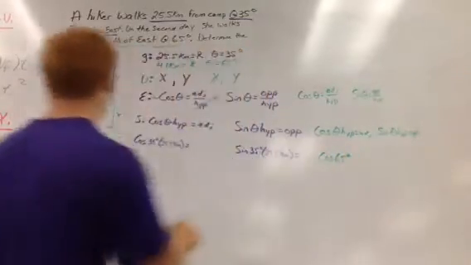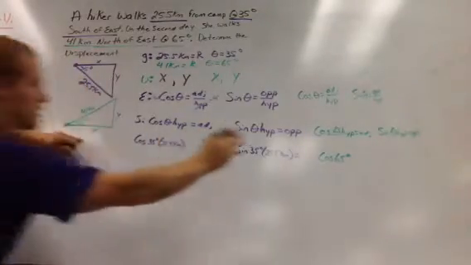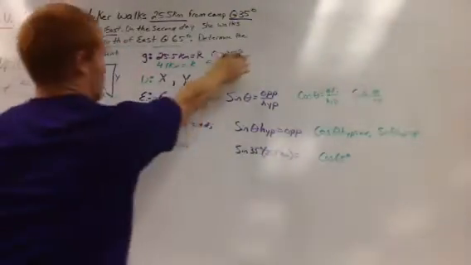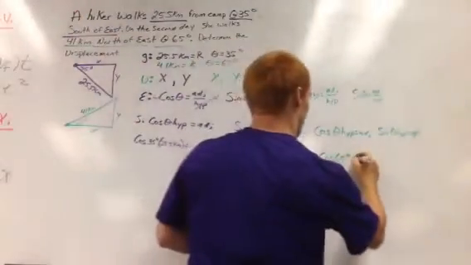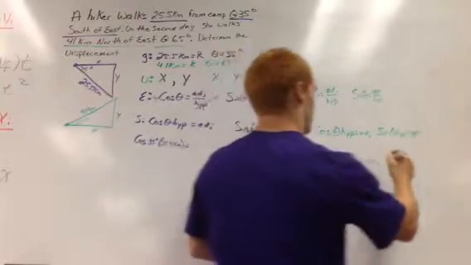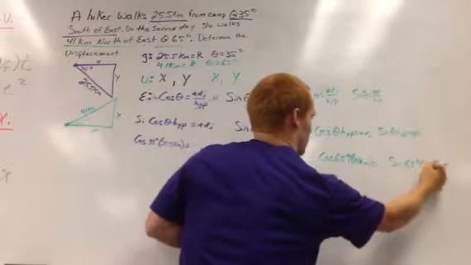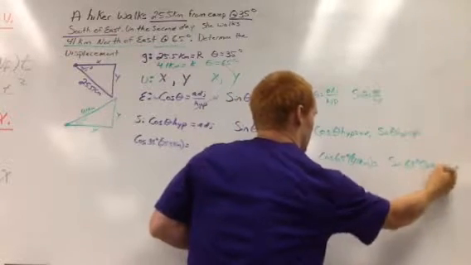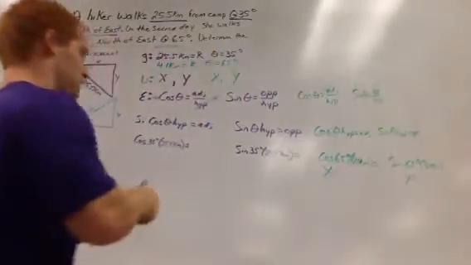So now we're using triangle 2. Also, it says it up here in our givens. So cosine 65 degrees times 41 kilometers is going to give us our x value. Sine 65 degrees times 41 kilometers is going to give us a y value.